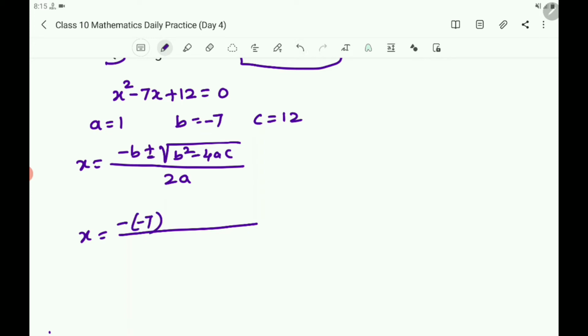So minus of minus 7. Then you write plus or minus whole root b square. b square is minus 7 whole square minus 4, and write the value of a and c. ac is nothing but 1 into 12, divided by 2a, that is 2 into 1.